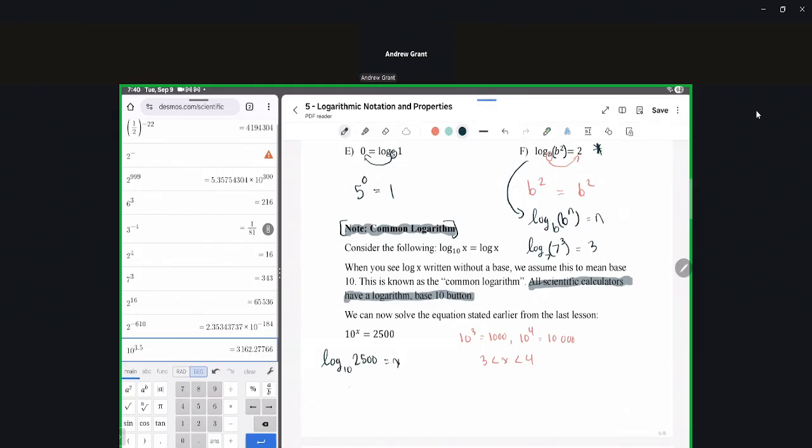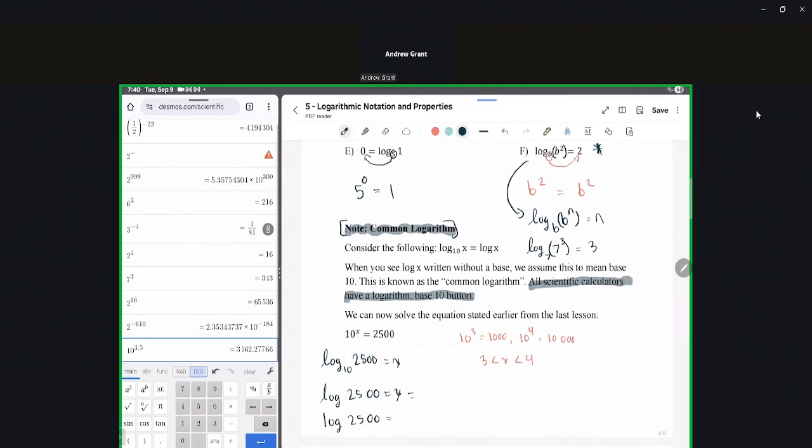And I mentioned that with base 10, you can just write this as log of 2500 equals x, or if you prefer, you can write out the log base 10.